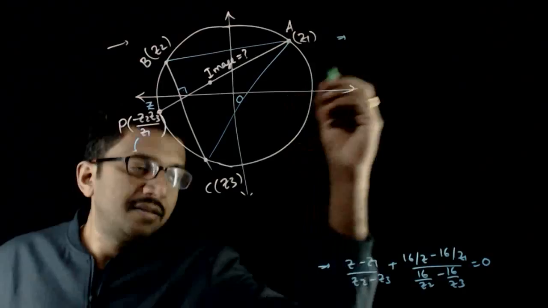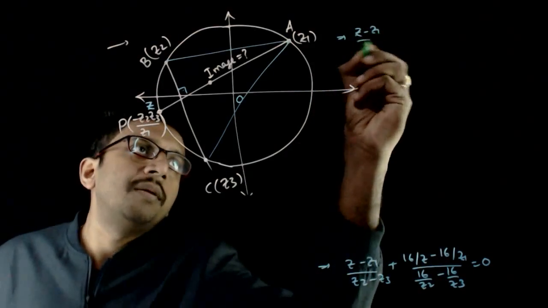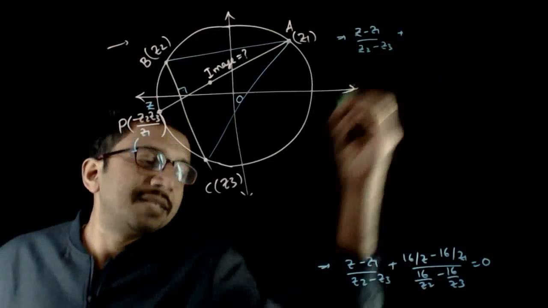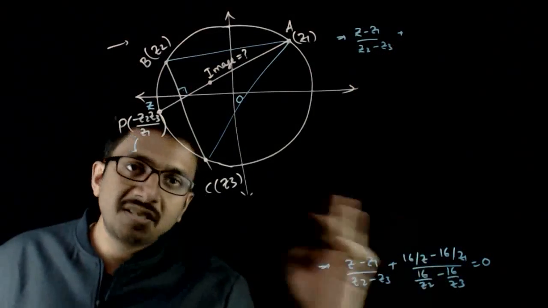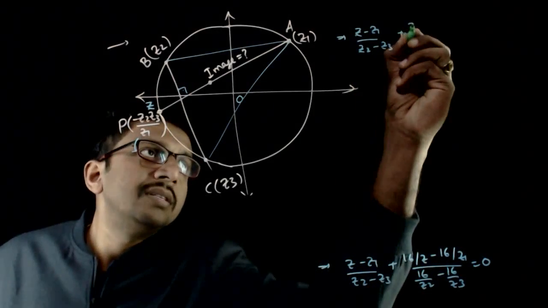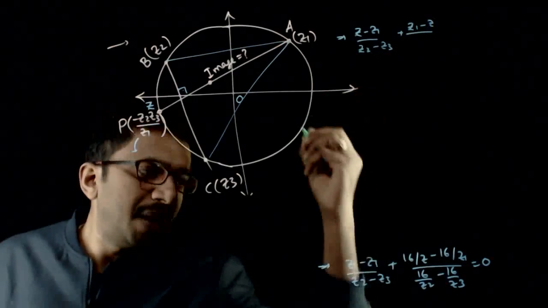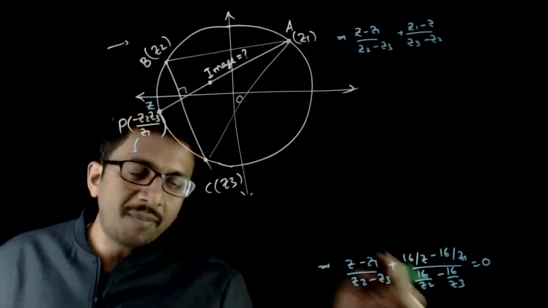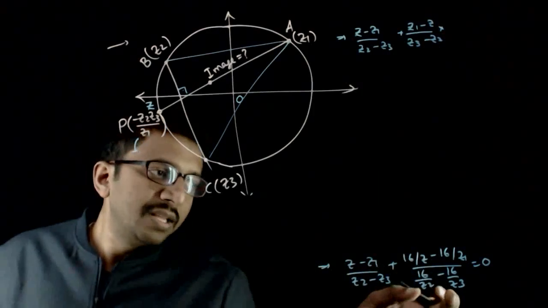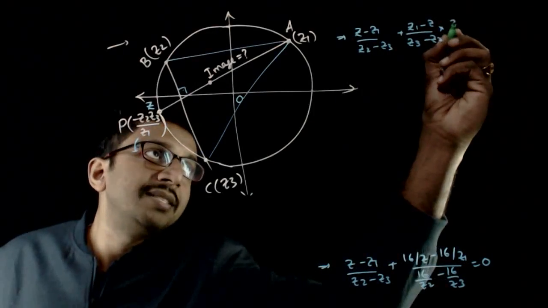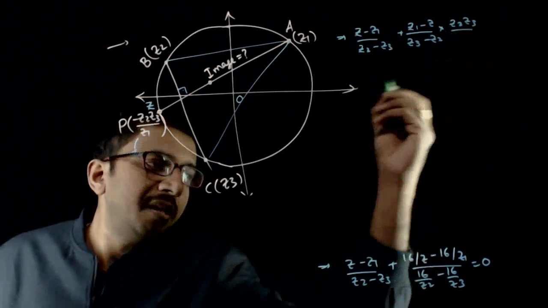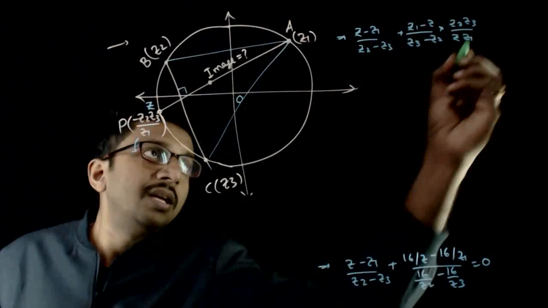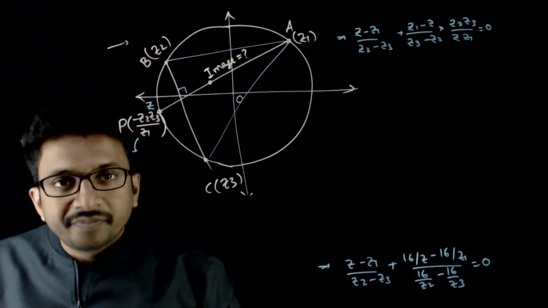This implies (z minus z1) by (z2 minus z3) plus, the 16 everything will get cancelled out, (z1 minus z) by (z3 minus z2) into, if you take LCM, z2 z3 by z1 is equal to 0.